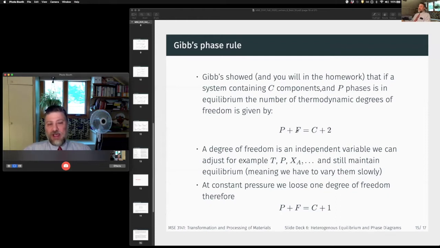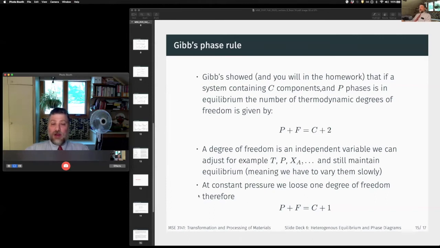However, if I say I have 2 phases present, say ice and water, that means I now have 2 degrees of freedom. So I can adjust both the temperature and the pressure and still maintain equilibrium. For whatever temperature I pick, I can find a pressure that will allow me to have an equilibrium between ice and water.